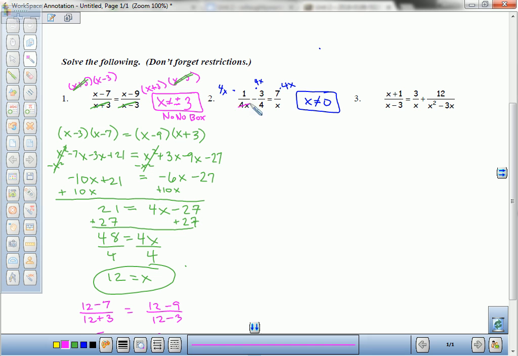So here, everything cancels. And we get 1. Here, I can't forget that this is a negative 3. So the 4 is going to cancel, and I get negative 3 times x is negative 3x. And here, just the x cancels, so I'm left with 28.